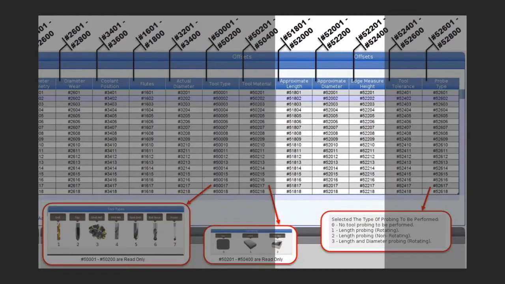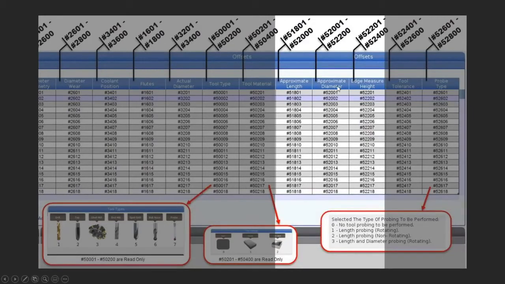And I think it's important to begin to think about the tool offset page as tool data, not just offsets. In this case we have this column that's approximate length, and you see the variables associated with it. Tool 1 is #51801, and then 802 for tool 2, and so on down the line.